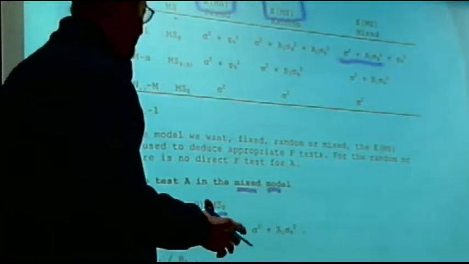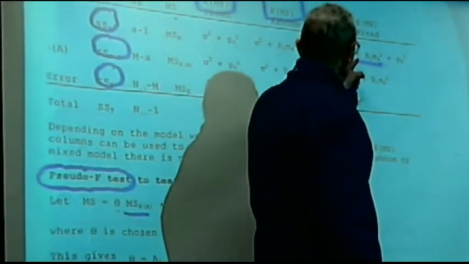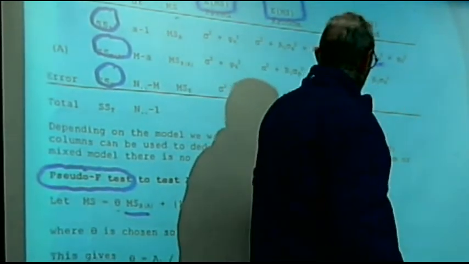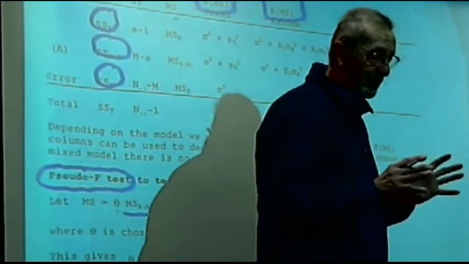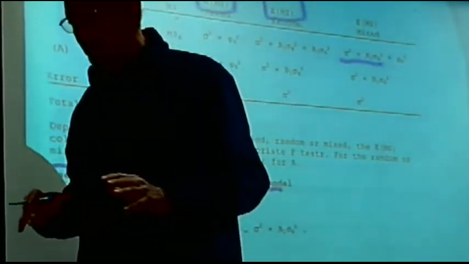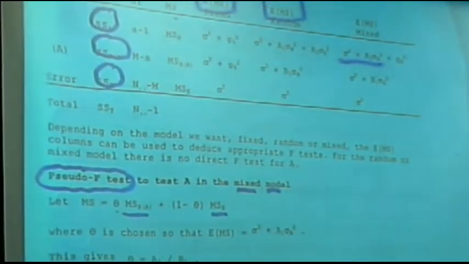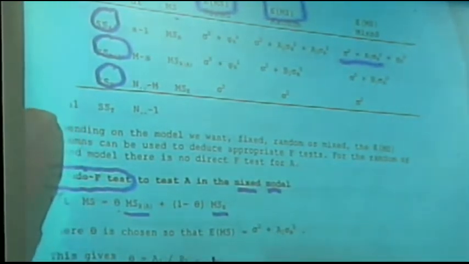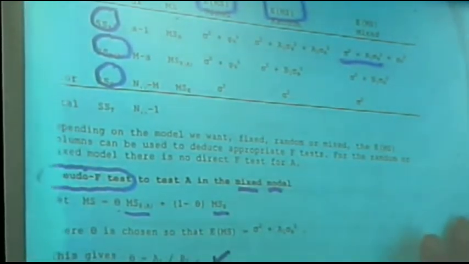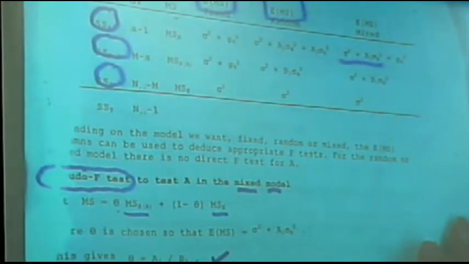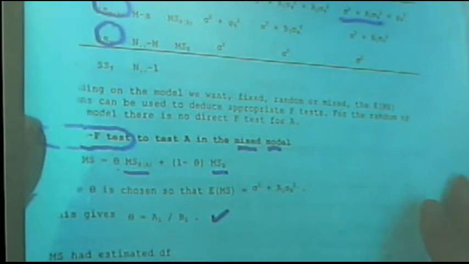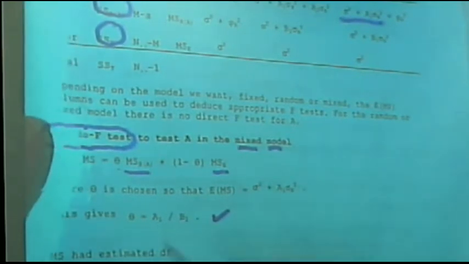I want to have a mean square whose expectation is this, so I can use it as a proper denominator. So it's a simple thing to do. Just write down the equation, and it's high school algebra to solve, and you get what I've claimed here. Theta should be the ratio of those two constants. So in order to know what theta to use, you have to calculate these two constants, right? So that can't be skipped. So there it is.